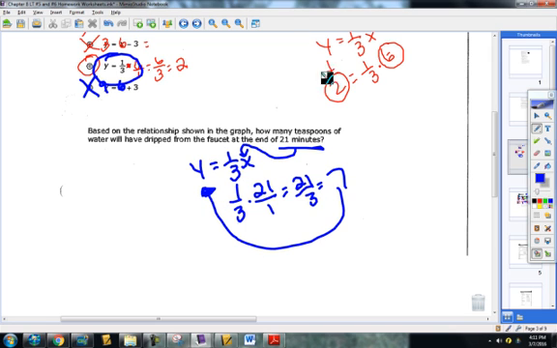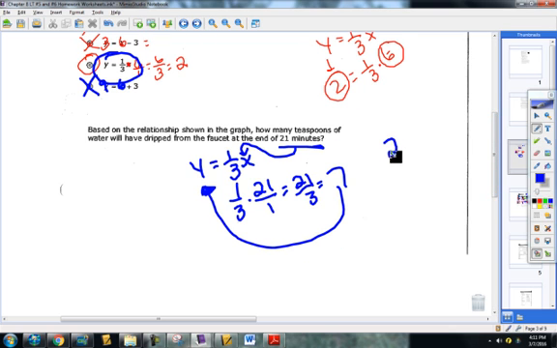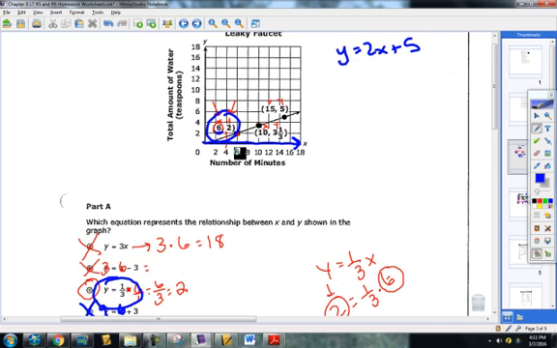So the point 21, 7 would have to be a coordinate. If I went over to 21 and then up to 7, don't you agree that the line would probably pass right through that point? You see what I'm trying to do there? Okay, so that's how you do it.